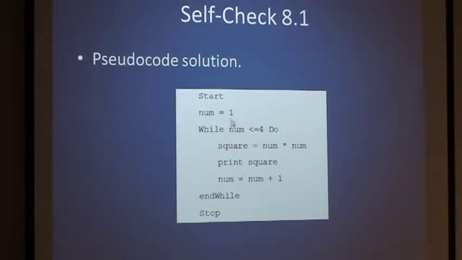Num is set to 1, and as long as it's less than or equal to 4, you're going to repeat all this till end while. Calculate the square of the current value of num, print it, change num to the next value, and keep repeating. In pseudocode, indentation is not important, so end while is important.